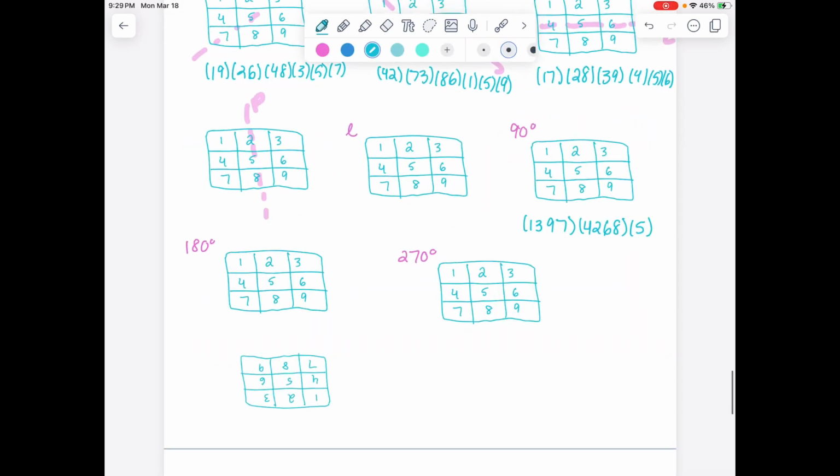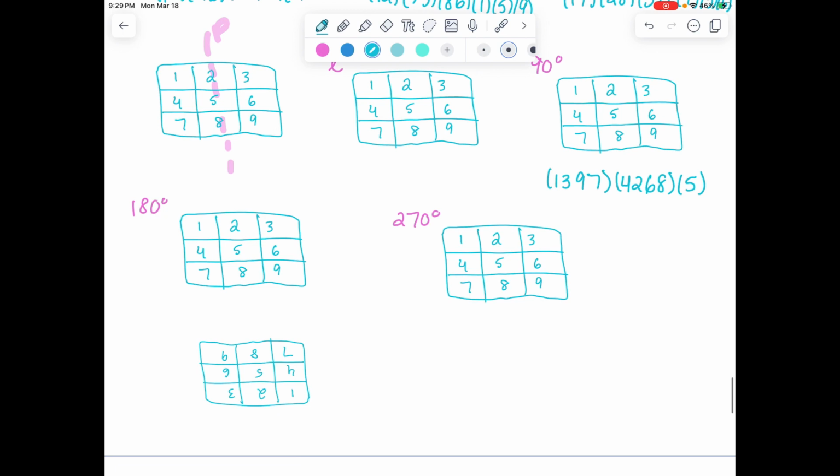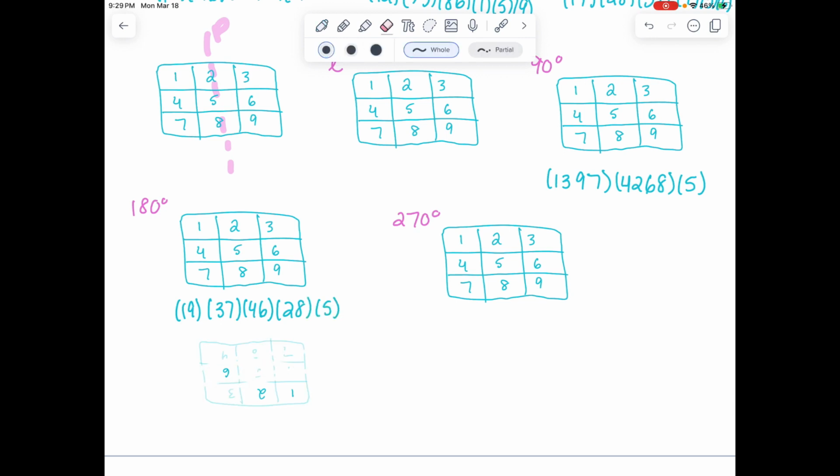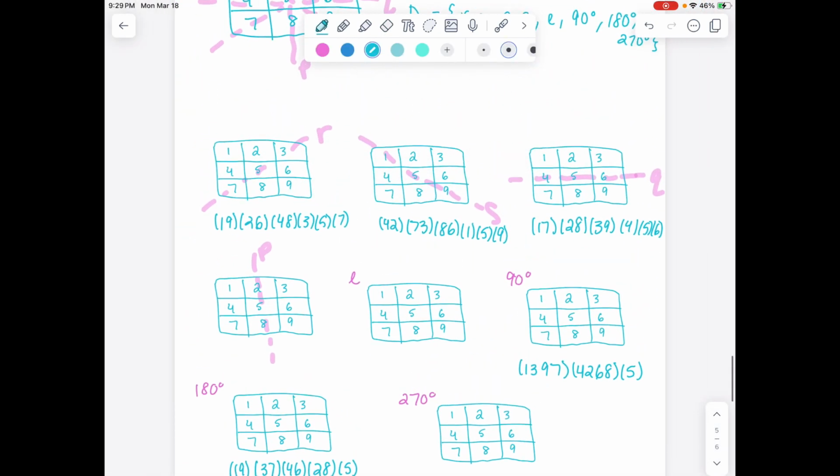And for 180, I just pasted what it would look like. I don't know if this is helpful, but we can see that the cycle notation would be 1 goes to 9, 9 goes to 1, 3 goes to 7, 7 goes to 3, 4 goes to 6, 6 goes to 4, 2 and 8 are paired, and then 5 is by itself. And just for the other cycle notations, I'll just fill in.